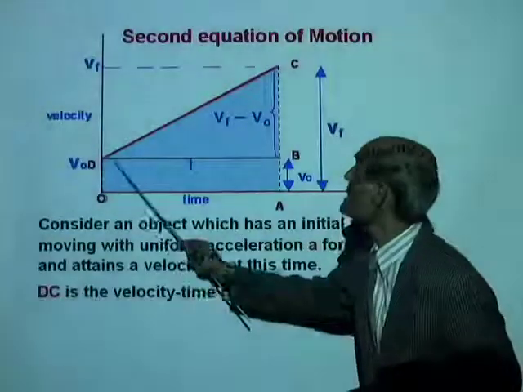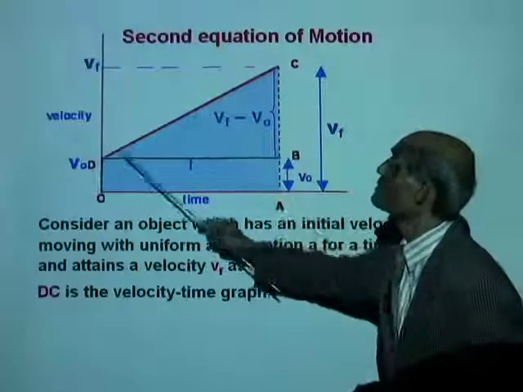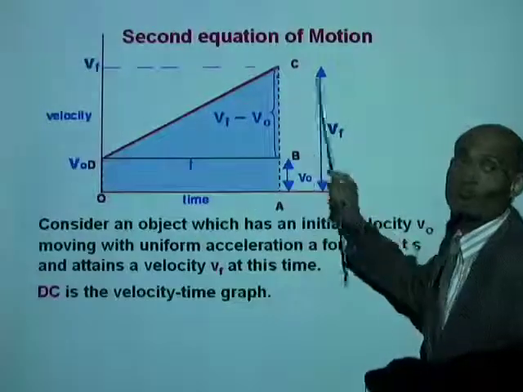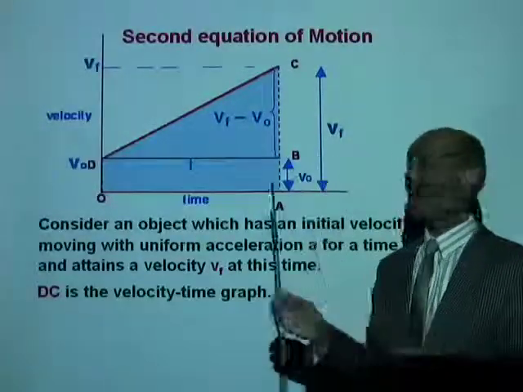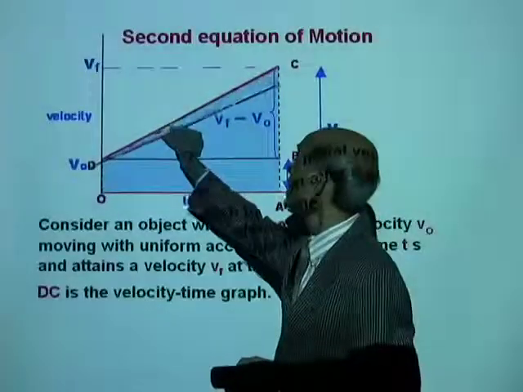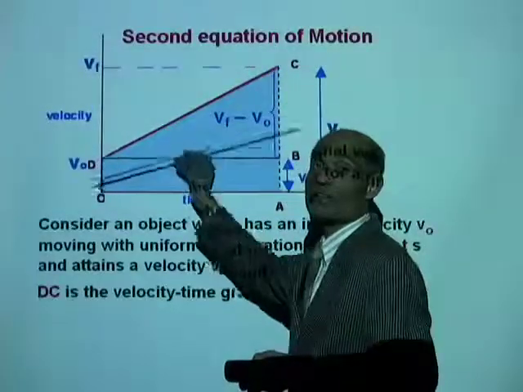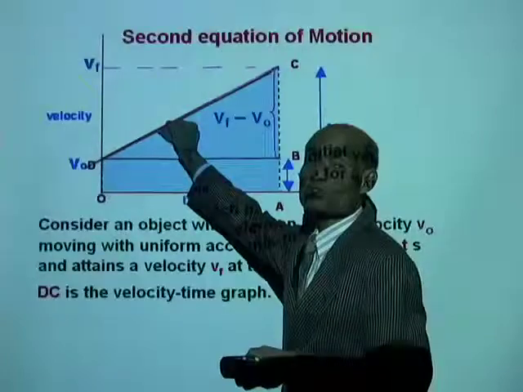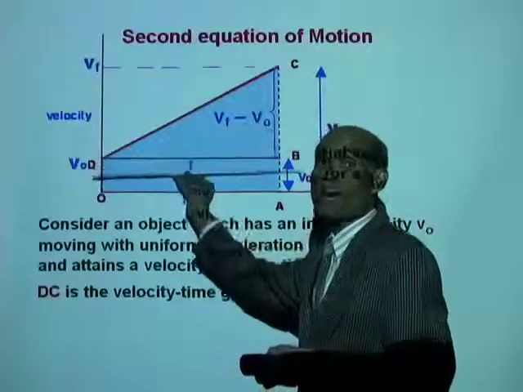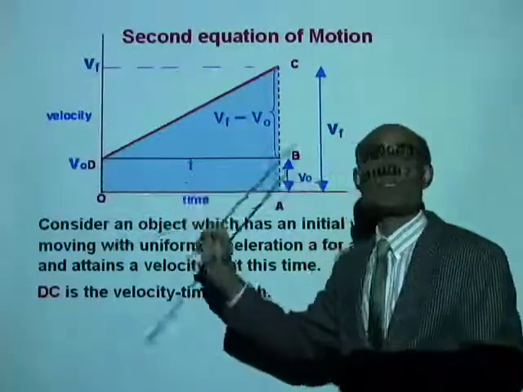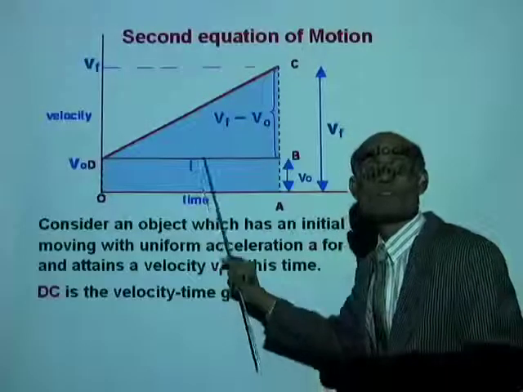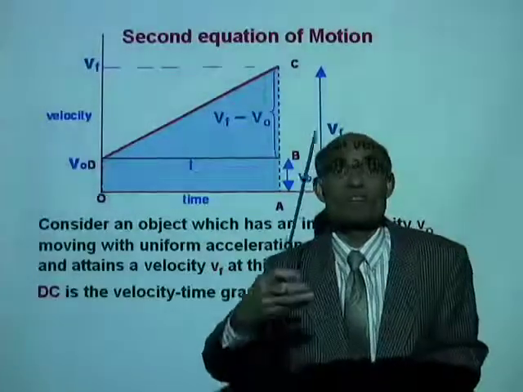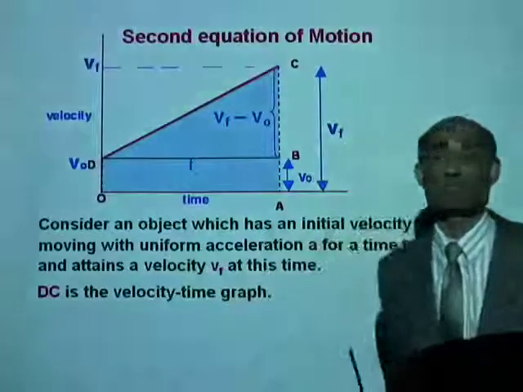Now this is the velocity time graph of that particle, is that right? And what does the area under the graph represent? What does the area enclosed by the graph with the time axis represent? It represents the displacement.